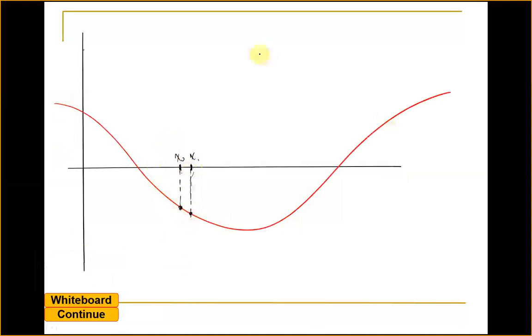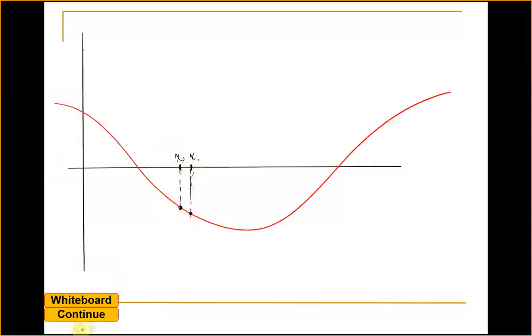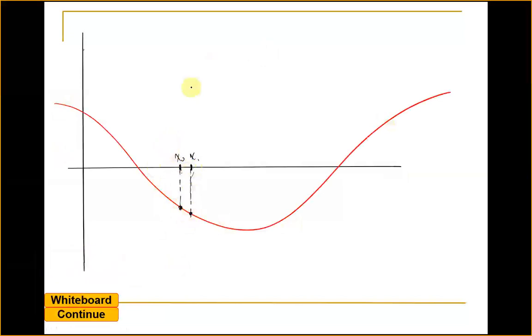So you recall for Newton-Raphson, what we said was x1 is equal to x0 minus the function at x0 over the slope of the function at x0. In this case, this is for the Newton-Raphson method, the first iterative step.